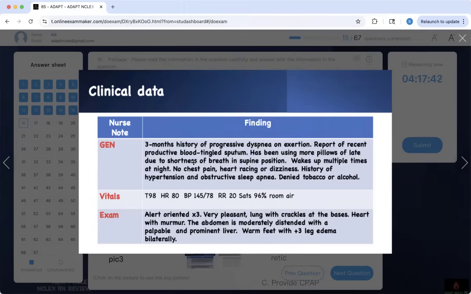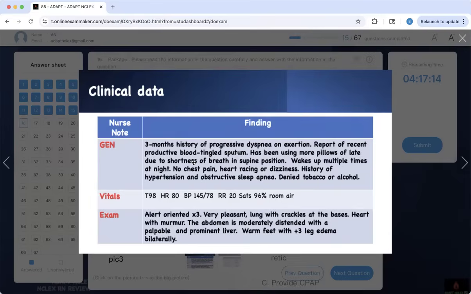As he moves, he has dyspnea. A report of what? Blood-tinged sputum is a buzzword for a certain condition. He's using more pillows. He can't lay flat. He's waking up at night, what? Orthopnea. His vitals are fine except the blood pressure is high. He's oriented times 3 and pleasant. He has crackles at the lung bases. His abdomen is distended. You can feel his liver.